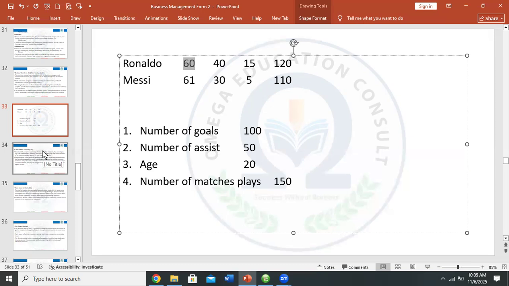Another example is in the classroom. Your teacher will do class tests, assignments, and final exams. The weight put on final exams is 100%, and the weight put on assignments, exercises and class assessment is 30%. So that is the weight for these criteria. Then he's going to assess each of his students by the score.